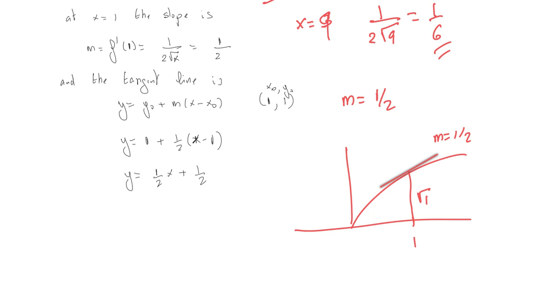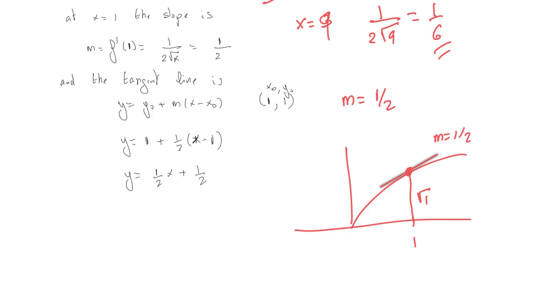And what is this tangent line? The equation of a rectilinear line that passes through the point (1, 1) and has slope 1/2 is y equals y0 plus m multiplied by x minus x0. Let's plug in numbers. y0 is the square root of 1, which is 1. The slope m is 1/2. x0 is 1.